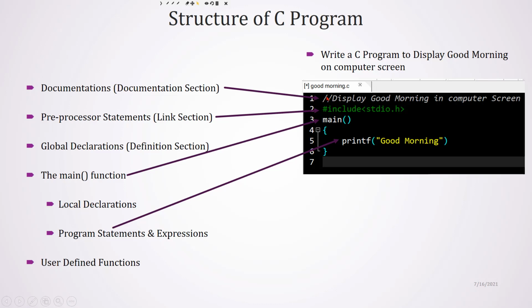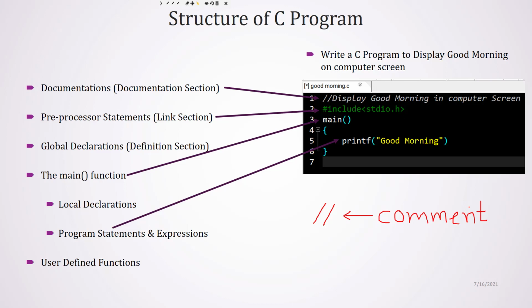It is also called a comment. Anything starting with double forward slash can be called a comment. There is another way of giving comments also, which we will study later. So this is a comment.